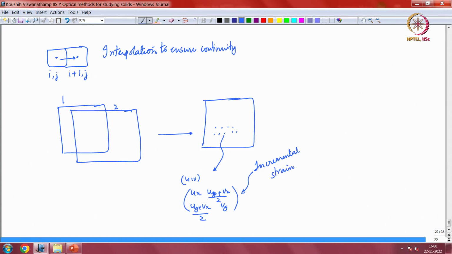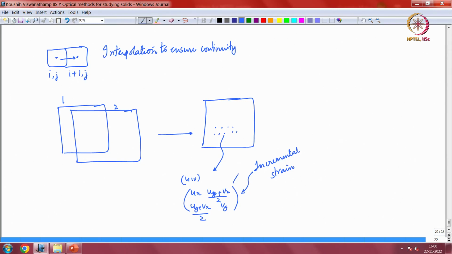So, you are actually using another image every time to be the reference configuration or the undeformed configuration as you compute the strain. So, it really is the strain between 2 frames or between those 2 successive images. It is not the strain from the original undeformed configuration to the present time, right.